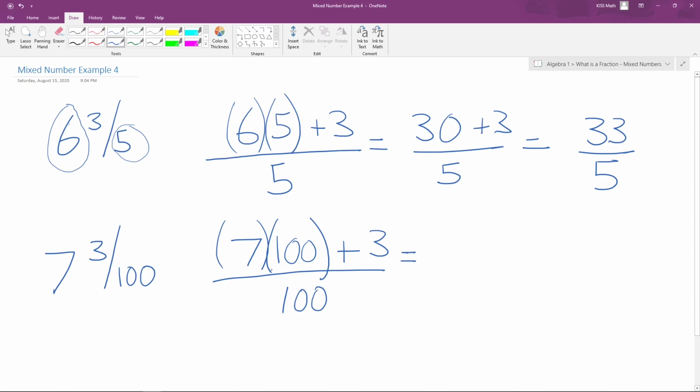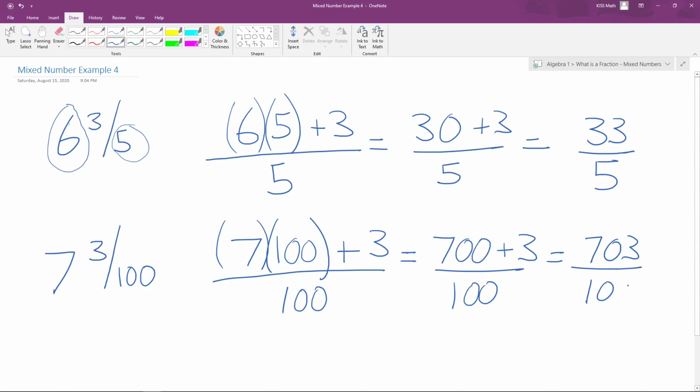And this becomes 7 times 100 is 700, plus 3, still over 100, and your final answer would be 703 over 100.